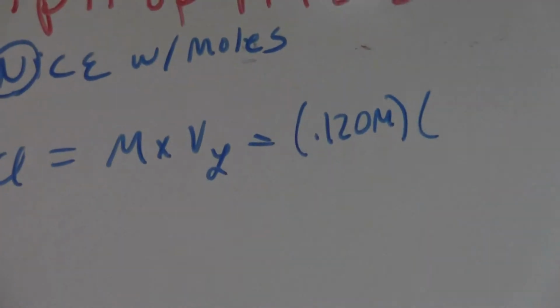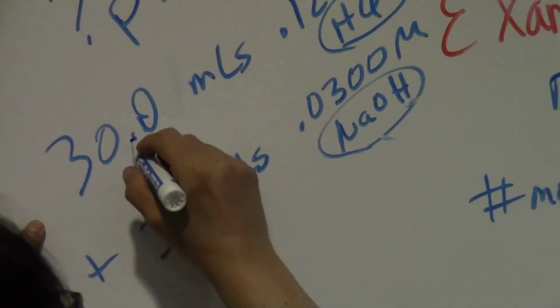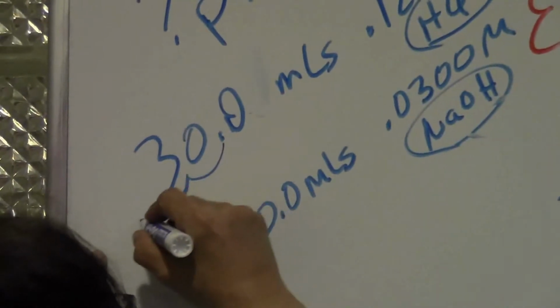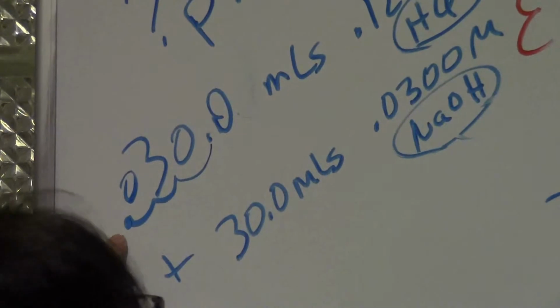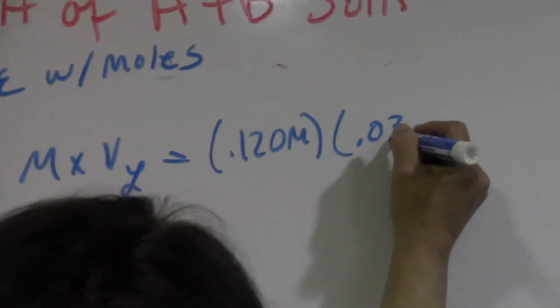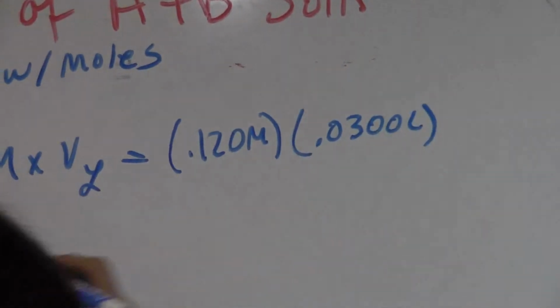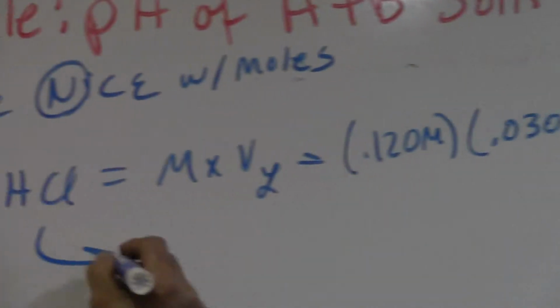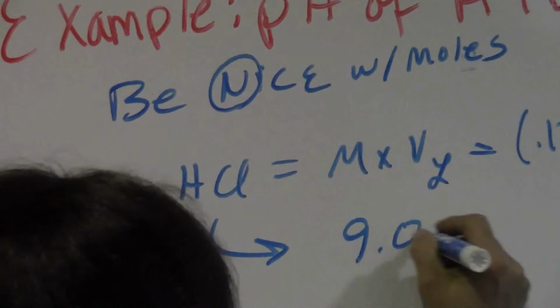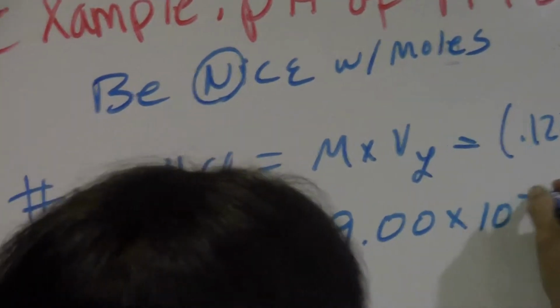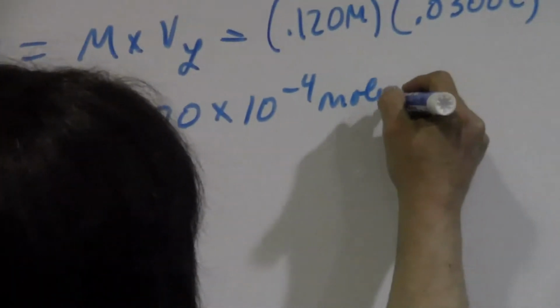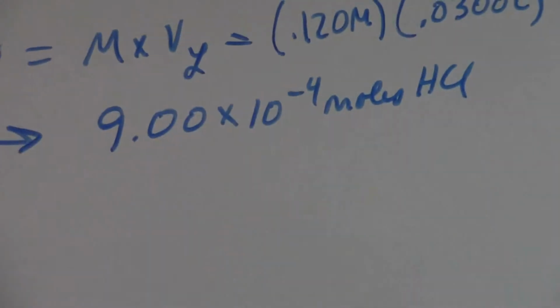Our volume is 30 mLs. To change milliliters to liters, you move the decimal 1, 2, 3 places to the left. So our volume is going to be 0.0300 liters. So our moles of HCl comes out to be 9.00 times 10 to the minus 4 moles of HCl.